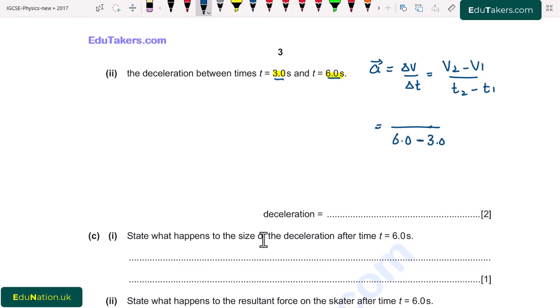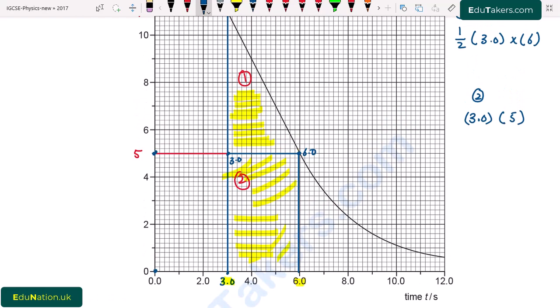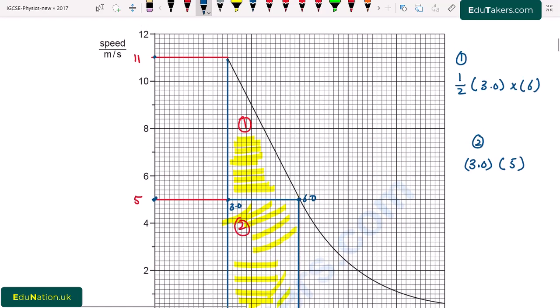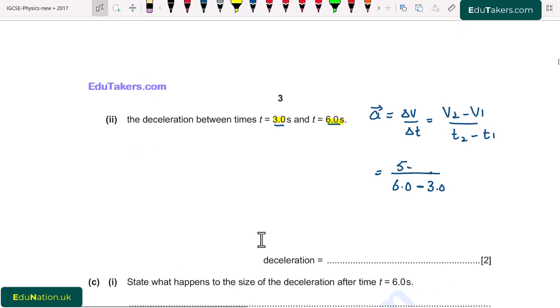I also have to find out their corresponding values of speed. So going back to graph, we can see here that at time t is equal to 3.0 second, it is 11 meter per second, and at 6.0 second it is 5 meter per second. So first of all, second time is 6.0, that's why I write 5 minus 11, because it is also a deceleration.